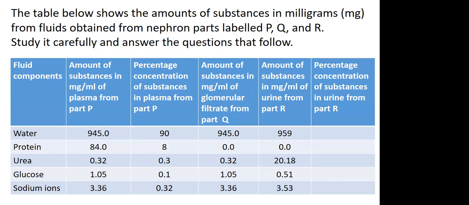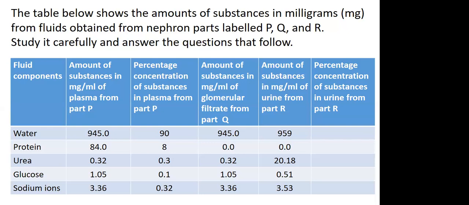Yes, teacher, I think P is the afferent arteriole. Afferent arteriole. Okay, that's correct. And what would R be? What is R? Winnie? Distal convoluted tubule.